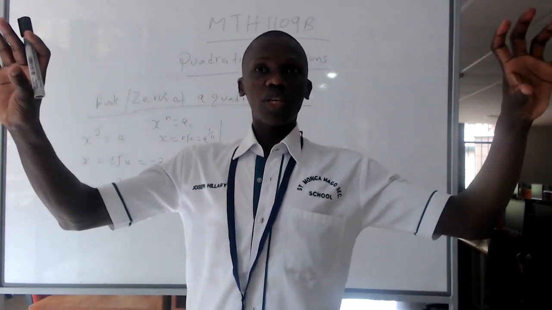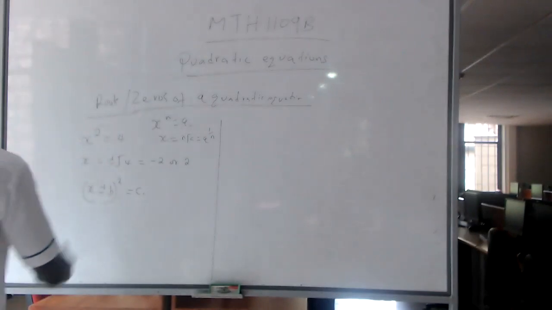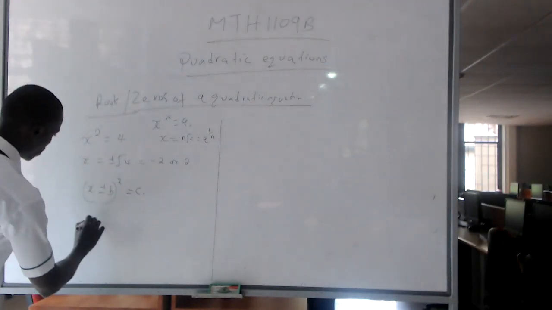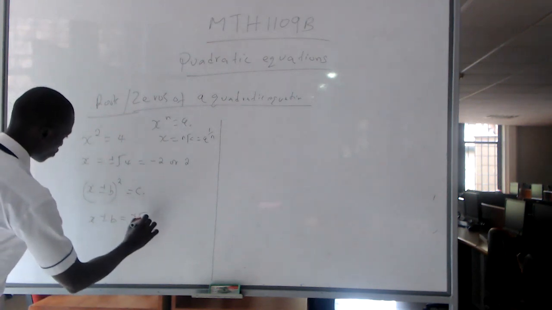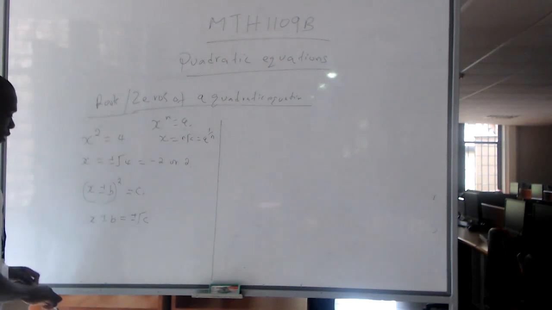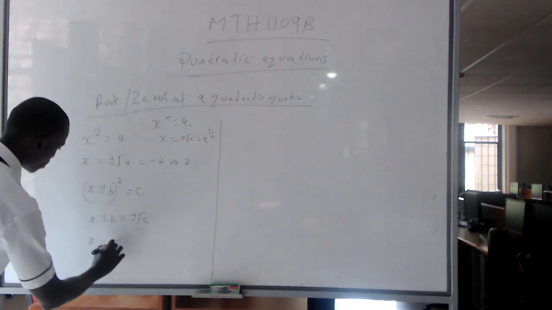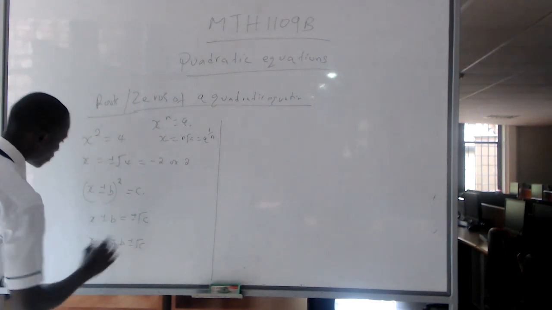Find square roots of both sides. So to solve this, I just need to find square roots of both sides, so that x plus or minus b is going to be plus or minus square root of c. Okay, and therefore x is going to be minus or plus b plus or minus square root of c.